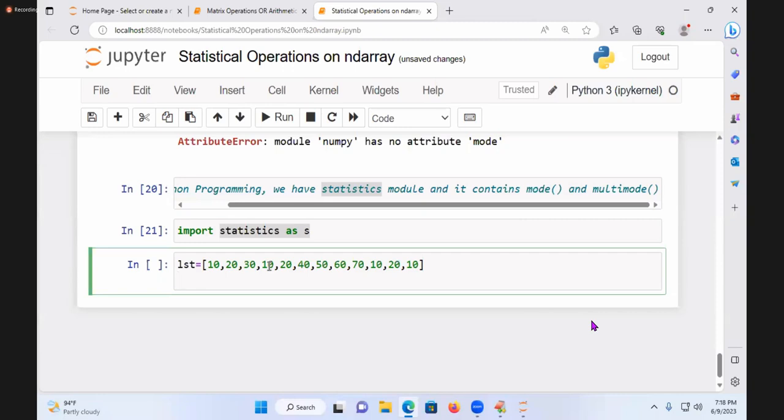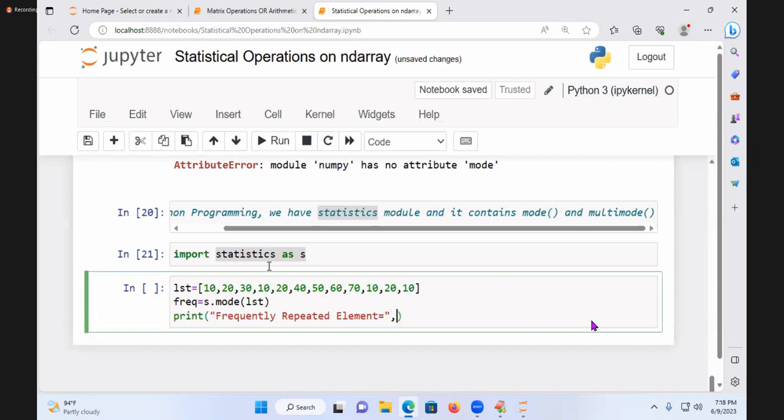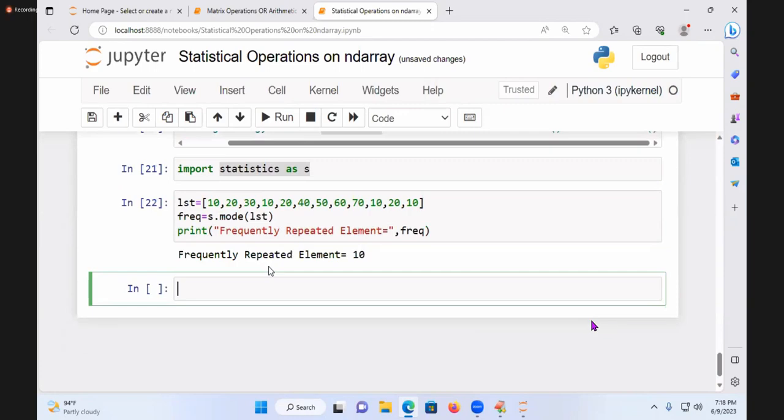So, frequent element is equal to yes dot mode of LST. Frequently repeated element is equal to, comma, freq. See the data. What is coming? 10.